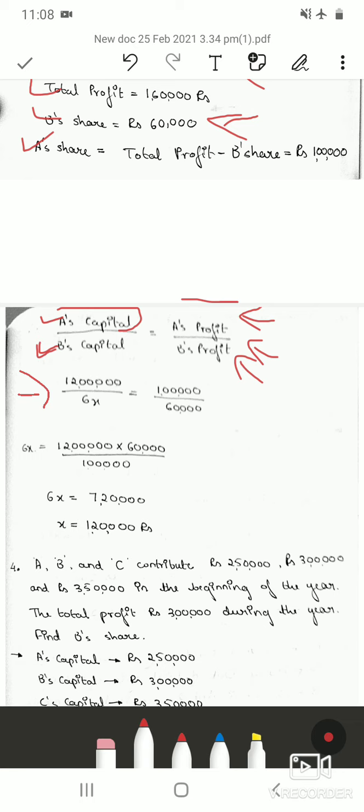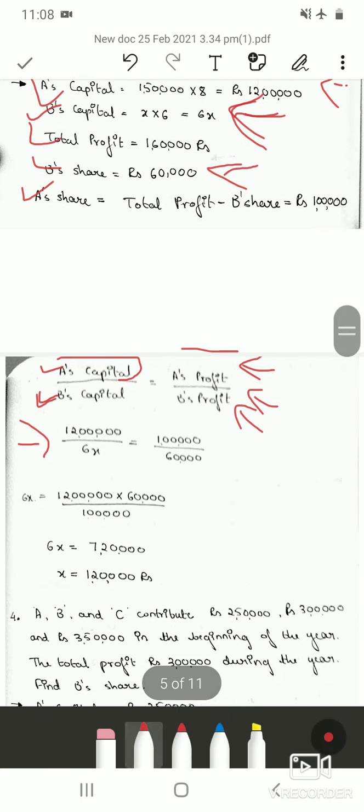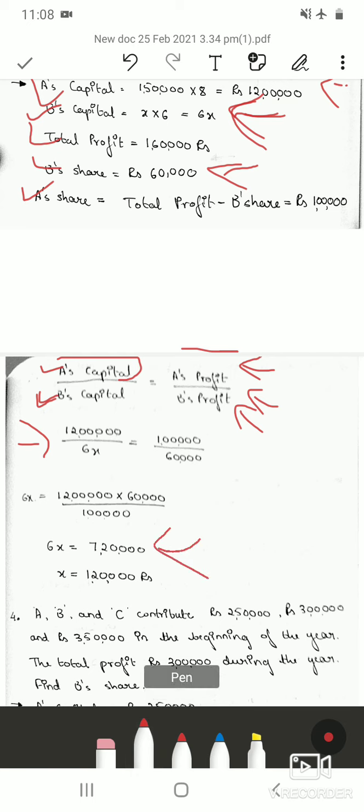So we can solve for x. 6x is rupees 7 lakh 20,000 and x is 1 lakh 20,000. So B's capital is 7 lakh 20,000 rupees.